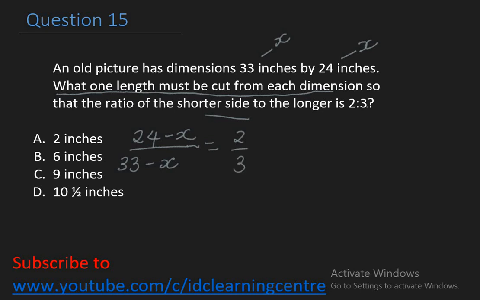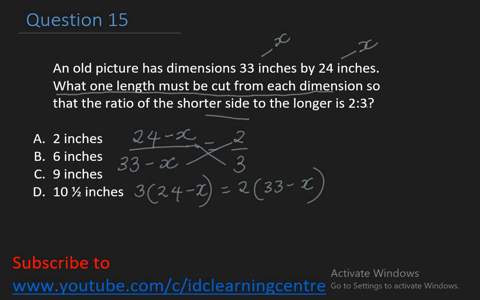Now let's cross multiply this. So 3 times (24 minus X) equal to 2 times (33 minus X).